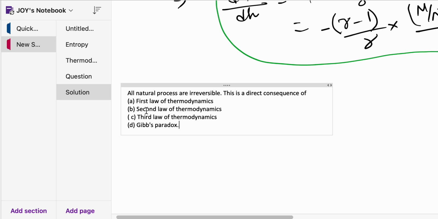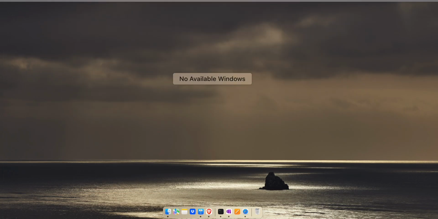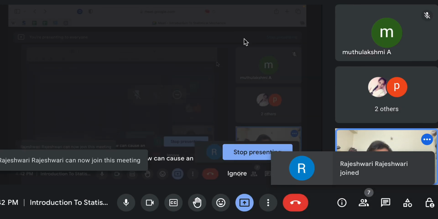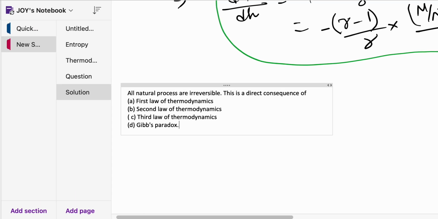This question is directly related to the first class, where in the tutorial I told you about entropy. There is also a question there, so this question is directly related to the first lecture of this lecture series.